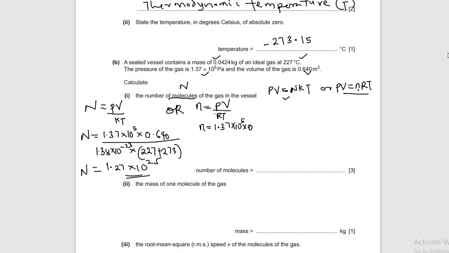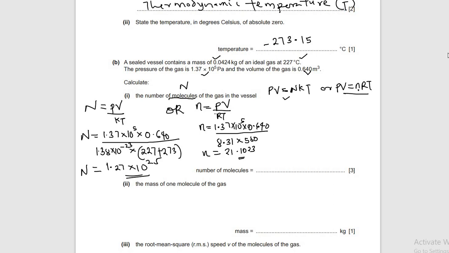My volume, 0.640, over R, the molar gas constant. The molar gas constant is also on the front page. The value is 8.31. Absolute temperature 227 plus 273, 500. In this case, my number of moles, when you put it in your calculator, gives 21.1023.